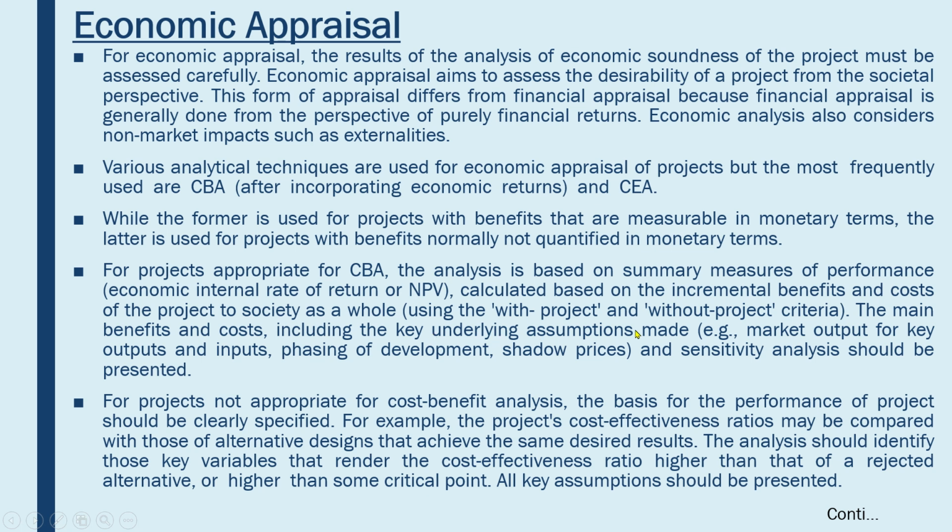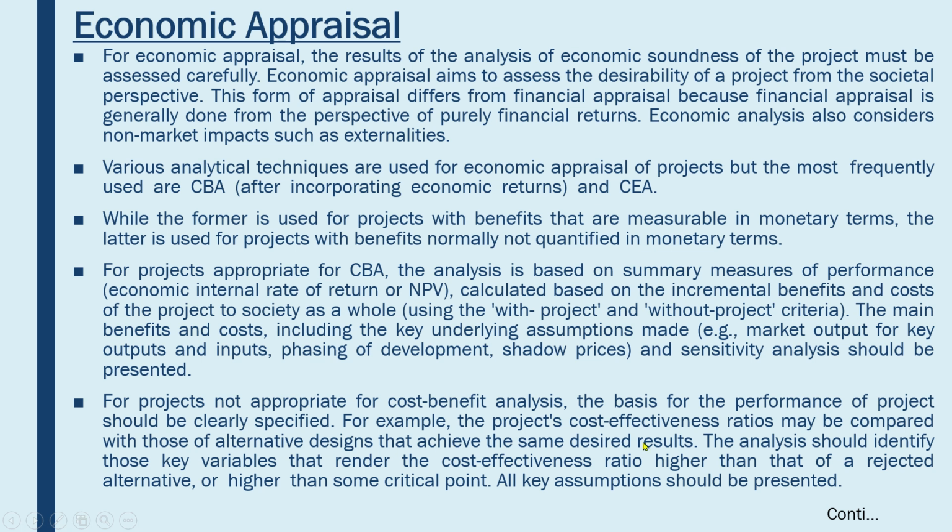Using the with-project and without-project criteria, the main benefits and costs, including the key underlying assumptions made, market output for key outputs and inputs, phasing of development, shadow prices, and sensitivity analysis should be presented. For projects not appropriate for cost benefit analysis, the basis for the performance of the project should be clearly specified.